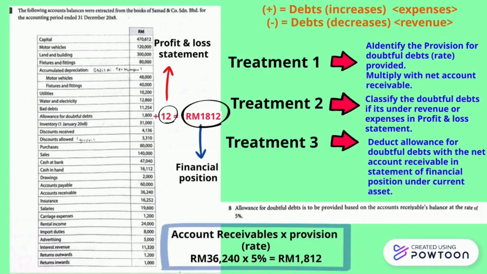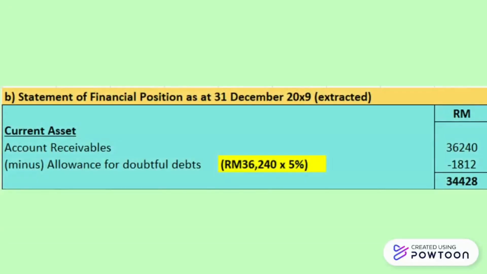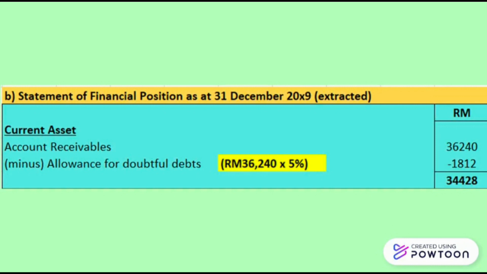This shows a higher probability that doubtful debts might turn into bad debt. So it will be stated under expenses in the statement of profit or loss and other comprehensive income. Followed by the third treatment, we should deduct the allowance for doubtful debt from accounts receivable, as it is considered a contra asset, which reduces the amount of asset.